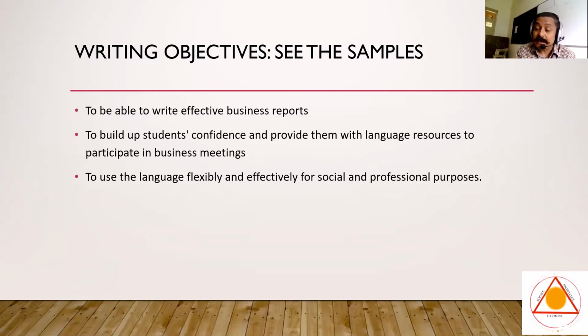So at least 4 elements I have identified, and you need 4 different language resources for these categories. 1, greeting; 2nd, ending the meeting; 3rd, question and answers; and 4th, presentation, right? So this is again a goal. It's not an objective. If I say to build students' confidence by giving them practice on how to answer the questions, then it becomes an objective, right?